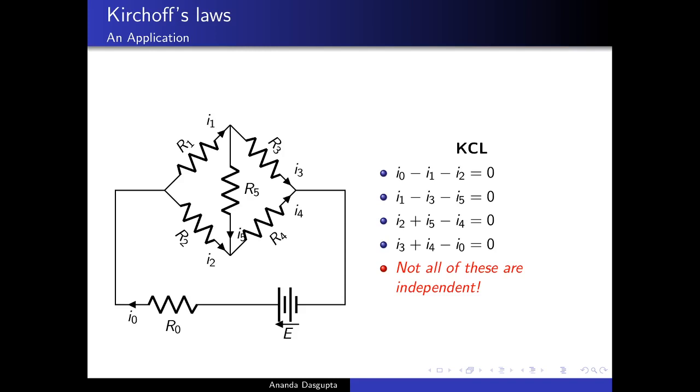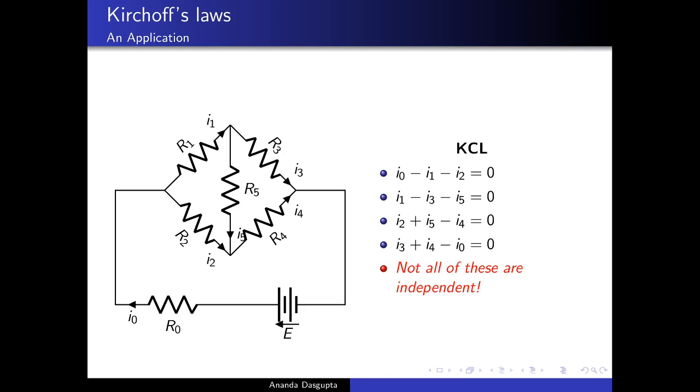I will leave you to worry about how, for example, you can get the last equation by linearly combining the previous ones. It's sort of obvious why a particular equation will be a combination of the other equations. But I will let you worry about that.